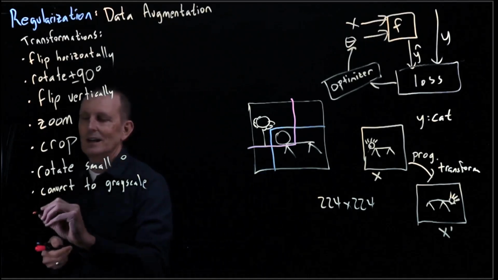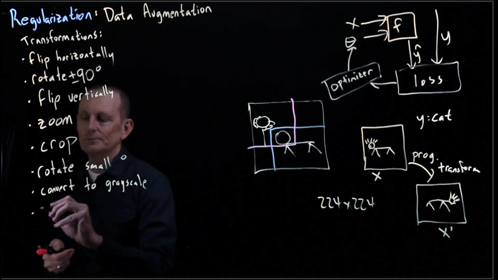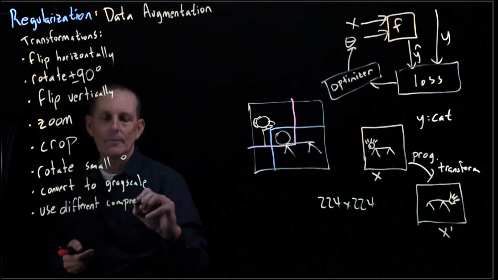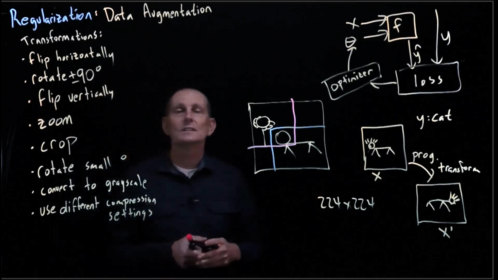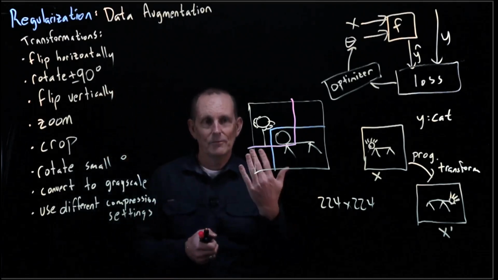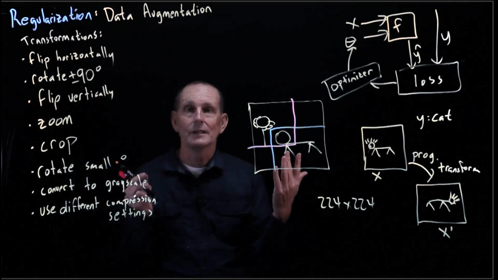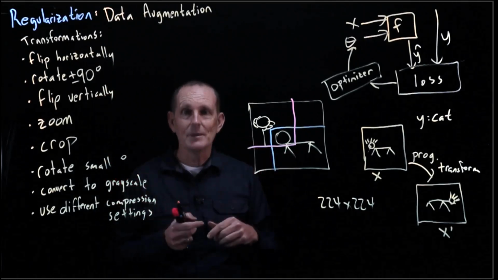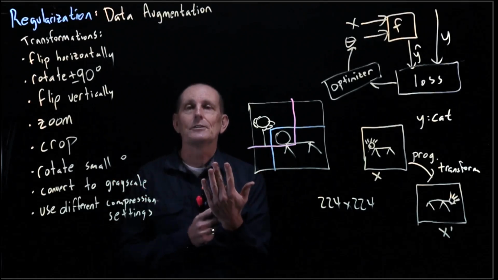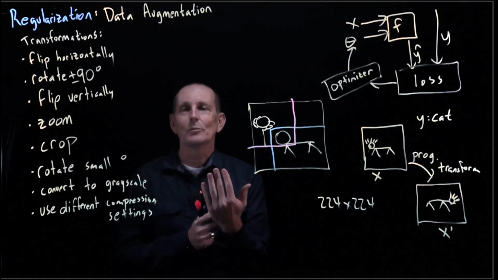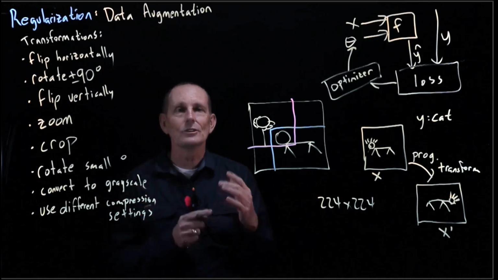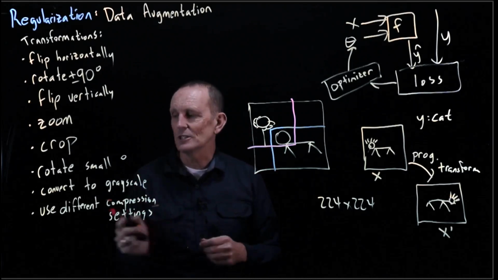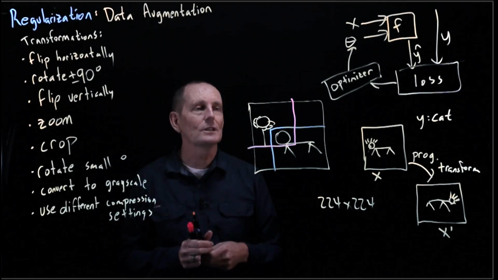We could convert to lower quality, so use different compression settings, because that's certainly something we're going to see out in the wild. We're going to see some photos that are lossless, just an RGB image. A lot of images out there are going to be JPEG, which is a lossy compression protocol, and there are different compression settings you can use, from high quality all the way down to low quality. The low quality gives you low size, so that's another augmentation we can do.